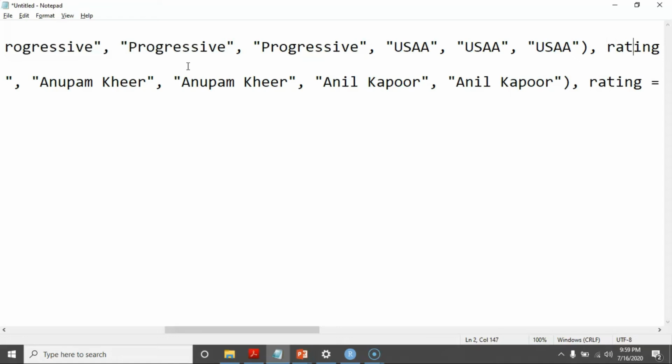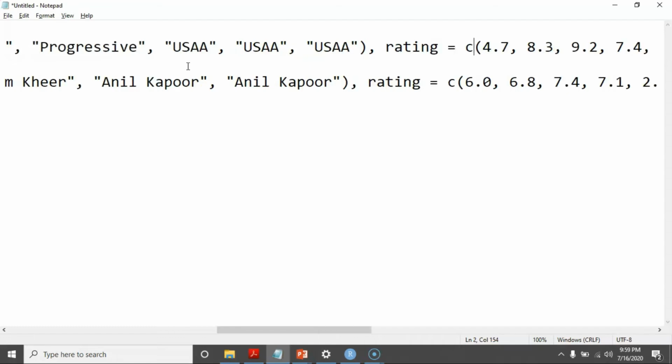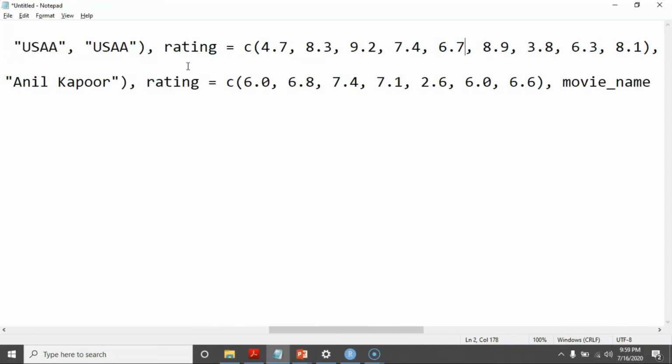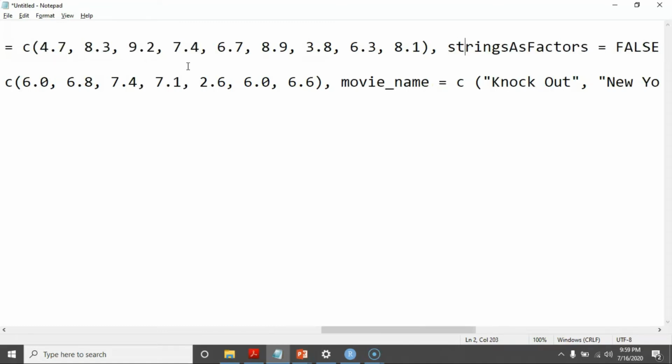Again, rating is another attribute. We will be feeding all 9 values of this attribute by using the concatenate function, c. So rating is equal to c(4.7, 8.3, and something like this, and so on, up to 8.1). Okay, and then comma, and I have stringsAsFactors. Right now I am not performing any factor analysis. This is just values. The second attribute is a number, the first one is a string.